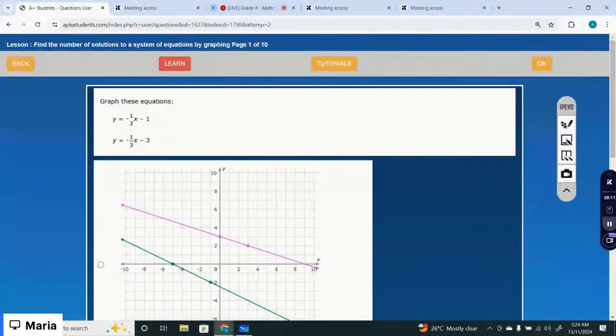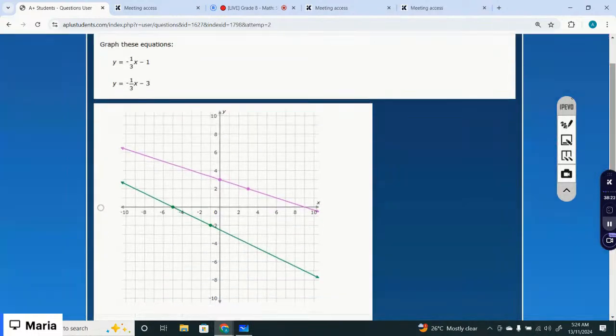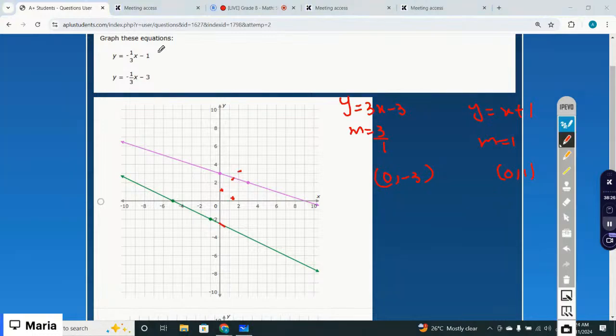Graph these equations. y equals negative 1 over 3x minus 1 and y equals negative 1 over 3x minus 3. So let's just see which is the correct option, right? Okay, for this equation, the slope is m equals negative 1 over 3 and the y-intercept is 0, negative 1.